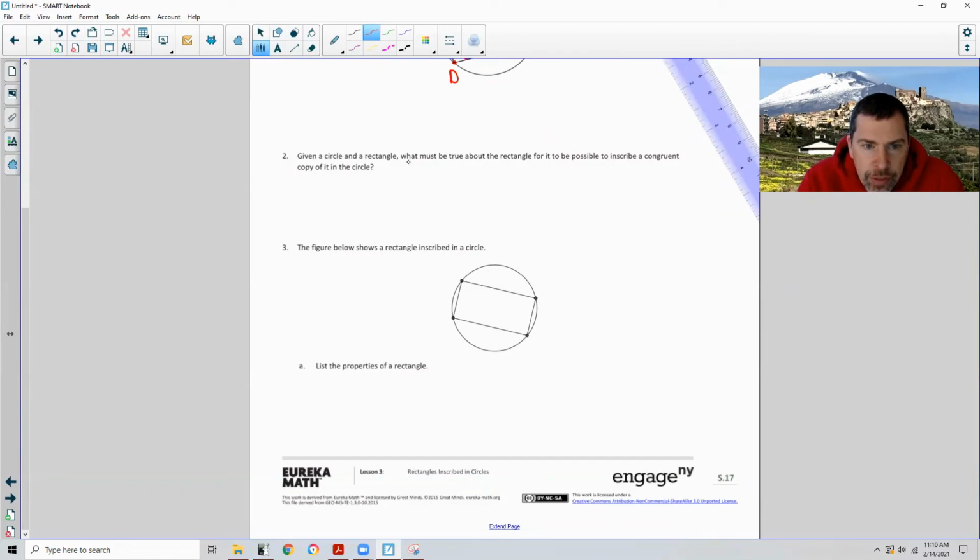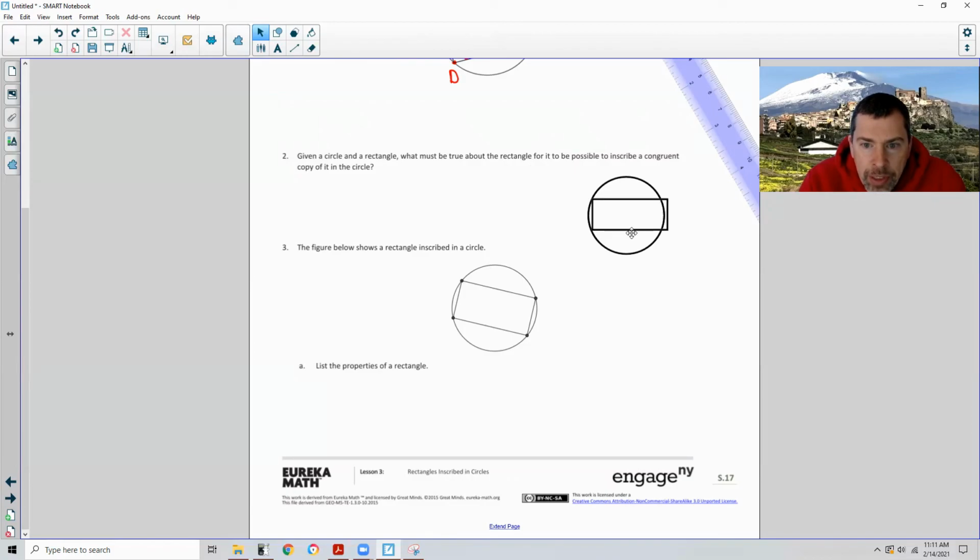So what they're basically saying is if I have a circle like so, and I have a rectangle like so, what must be true about this rectangle for it to inscribe a congruent copy of it in the circle?